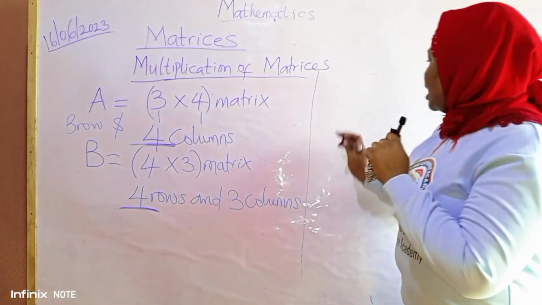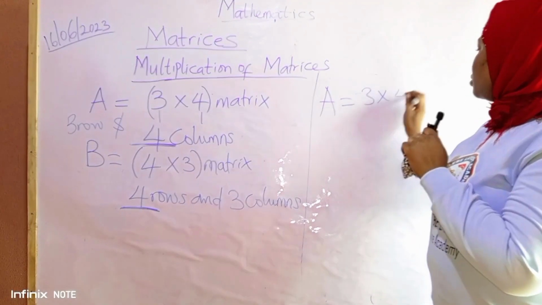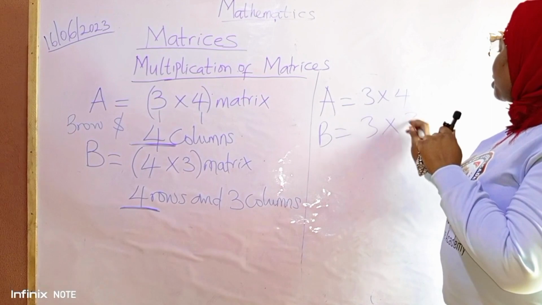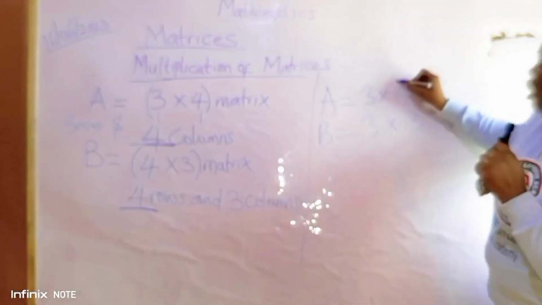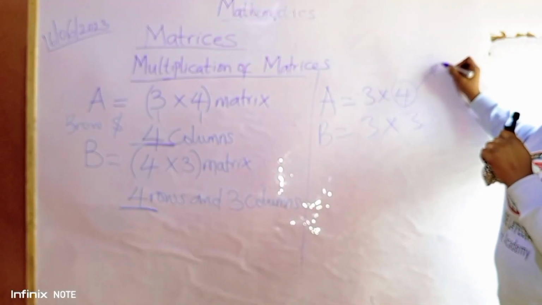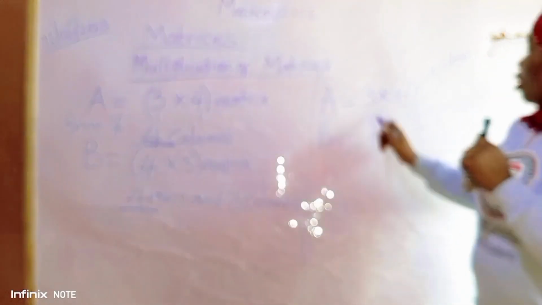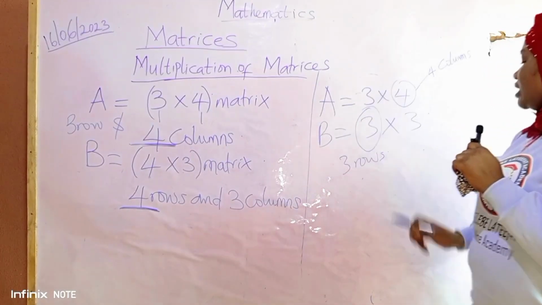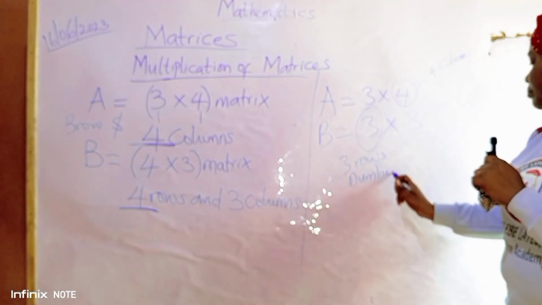But perhaps, let's say our first matrix is 3 by 4 and the second matrix is 3 by 3. The first thing you are going to check is the column of the first matrix, which is 4. Then you check the row of the second matrix. This is 3 rows. Are they the same?